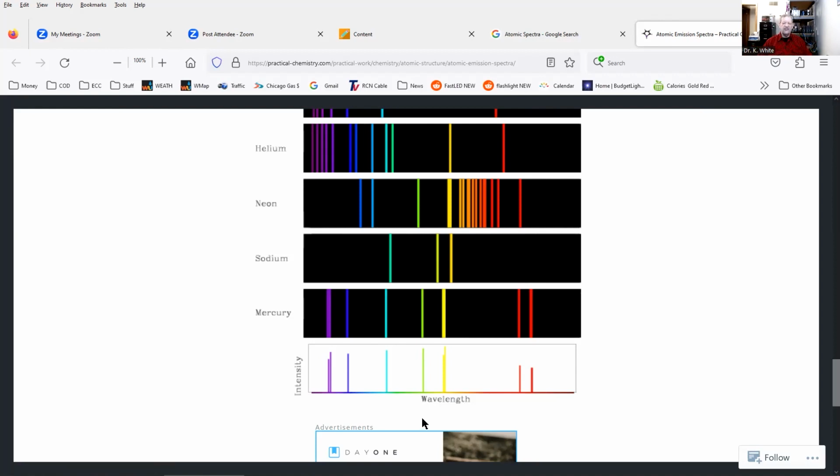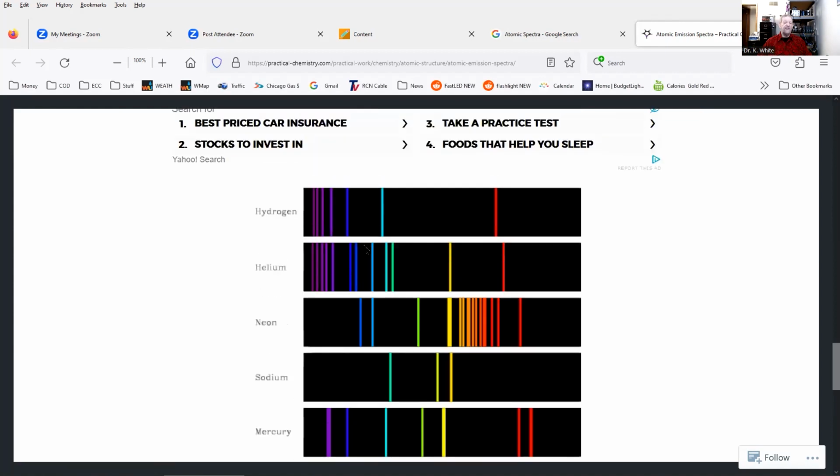So we have these atomic spectra. When you heat up an element, it gives off light at characteristic frequencies, these colors. So what does that mean? Good question.